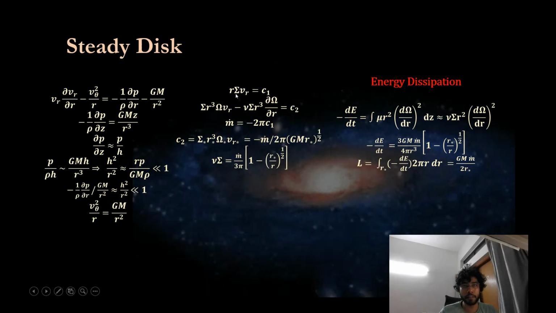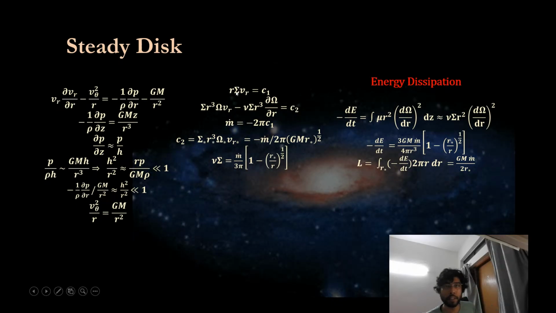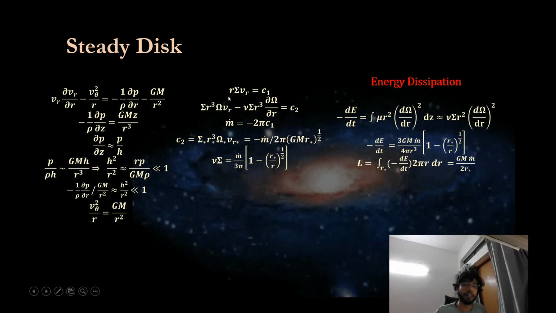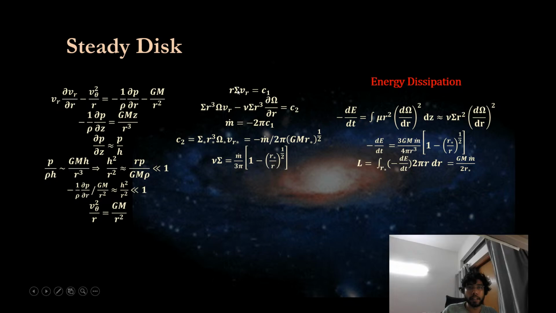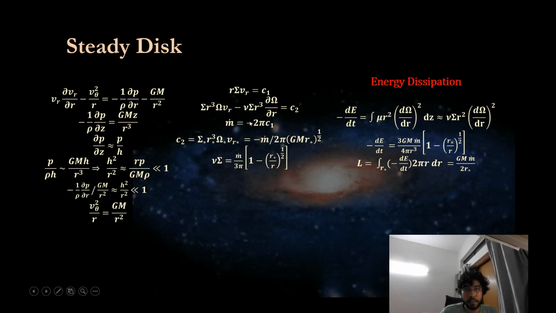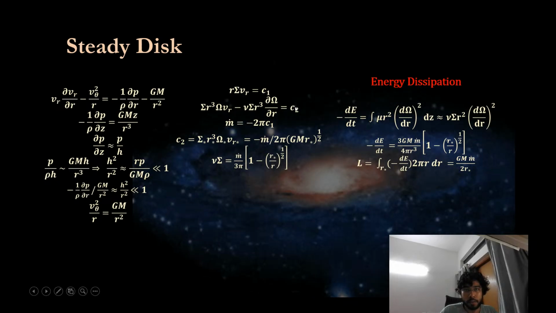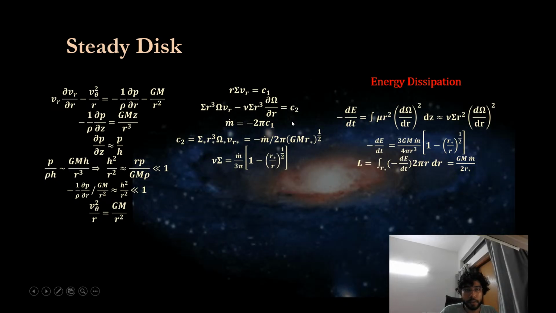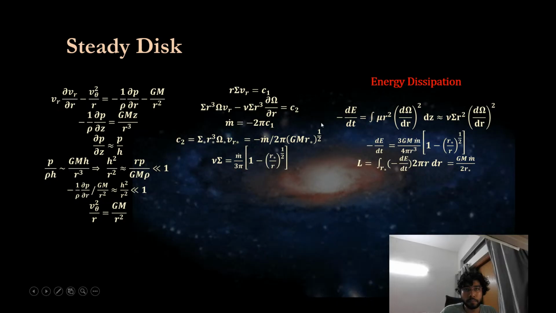Sigma, if you remember, is rho dz, which can be estimated to be rho h, since dz is just the height. So this C1 has physical significance: 2 pi C1 is just the mass accretion rate. Now let's see what we can make of C2.